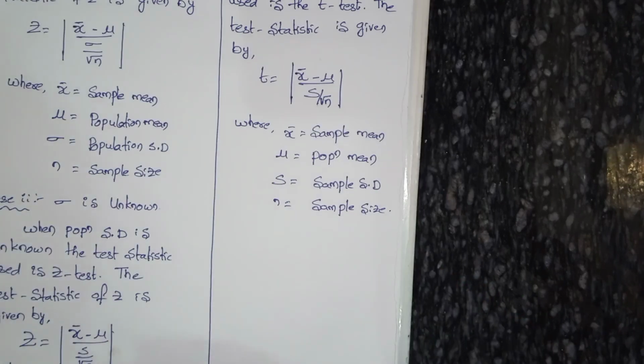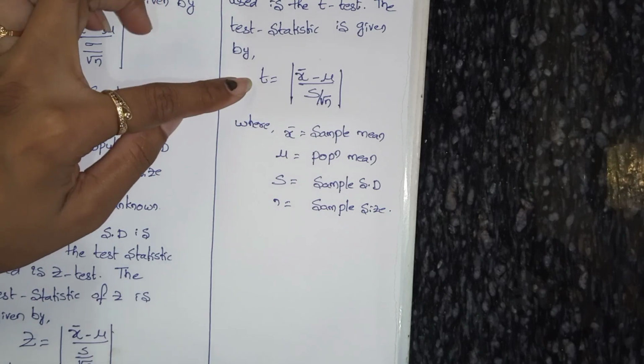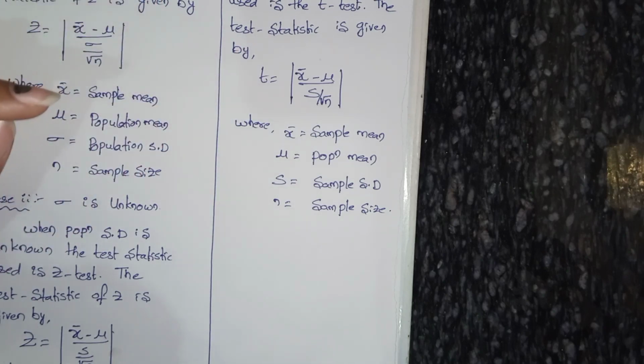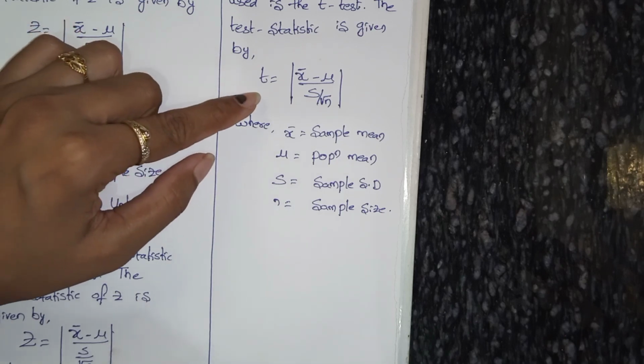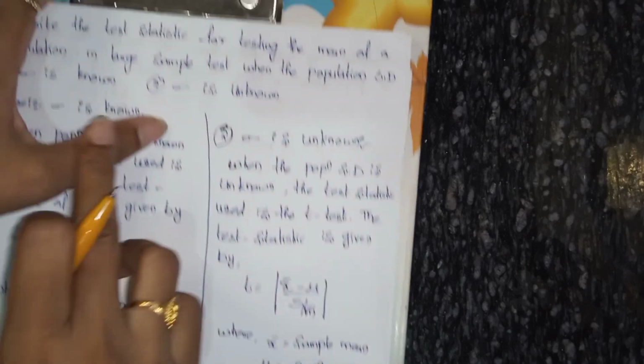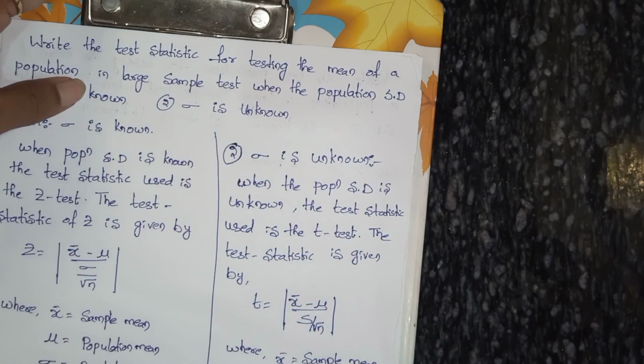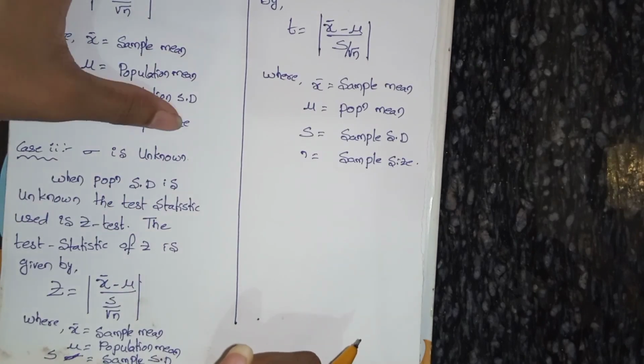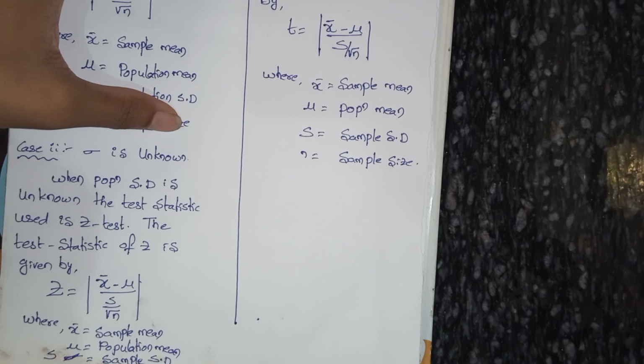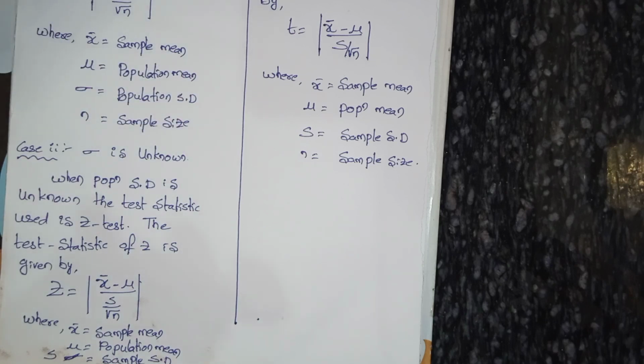There may be a question in your minds. The t-test is for a small sample, that means n less than 30. Then why do we use the t-test here when they gave a large sample test? One point I'm going to tell you is that the t-test and z-test will give a similar answer.